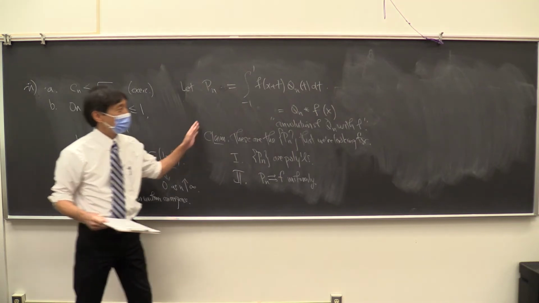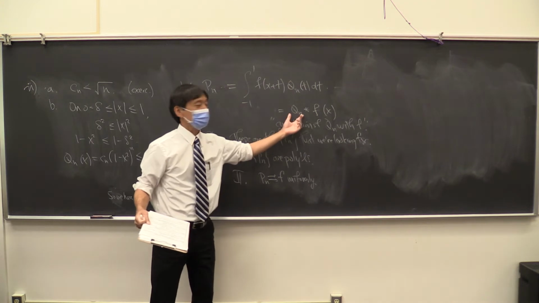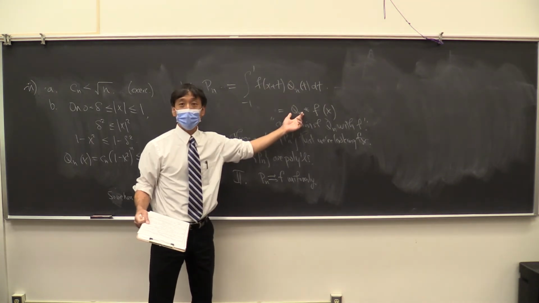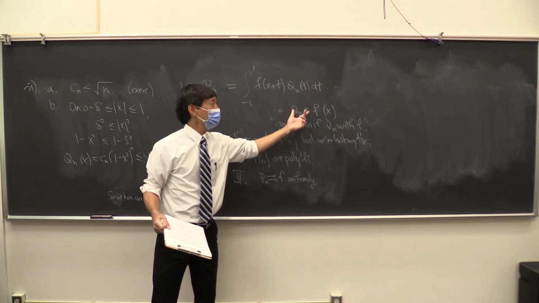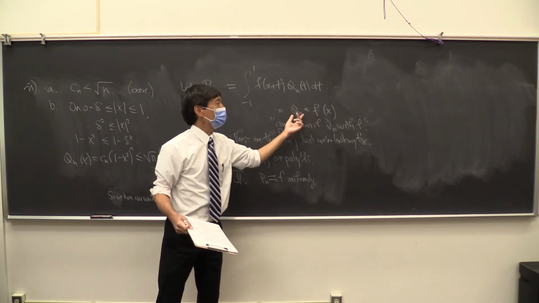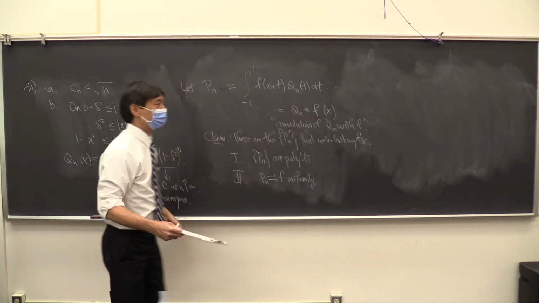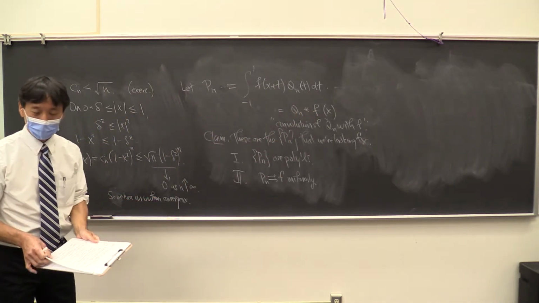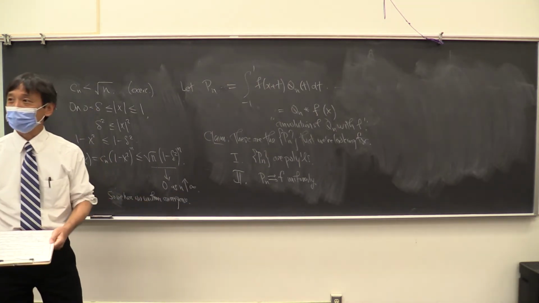And again, in your mind, you keep this vague notion that these are an approximation of the identity, and so as n goes to infinity, we get something like the Dirac delta function, and the Dirac delta function, when convolved with f, would just return f exactly. That's the intuition of what's going on here.